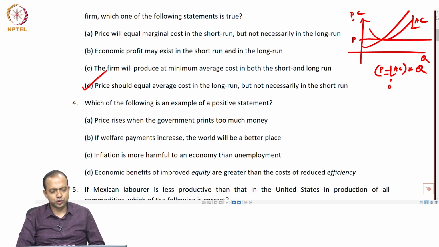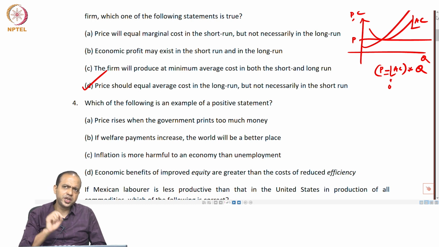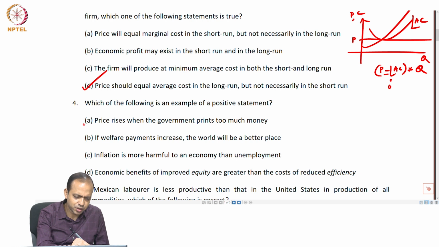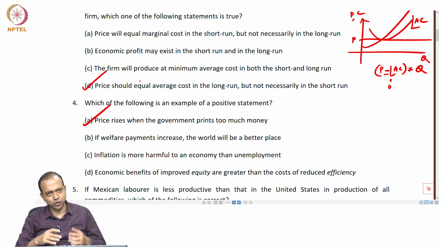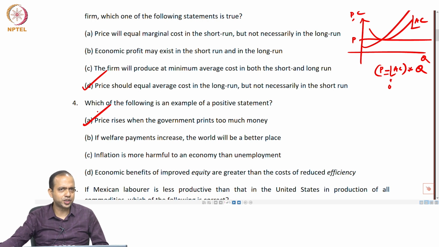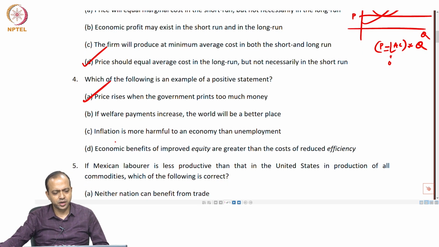That also comes with a value judgment. It may or may not always be true. So, the one statement clearly explaining the world without any value judgment is this: prices rise when government prints too much money. That is already proved. There is no value judgment attached to it, right?